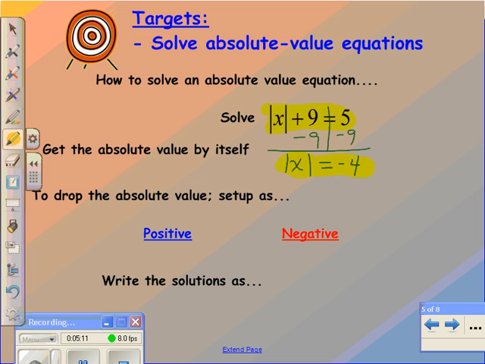Since that can't happen, I'm going to write my solution as either no solution, or I can write it as does not exist. Either one of those two answers will work for this.